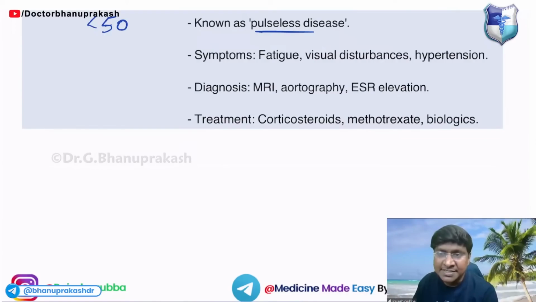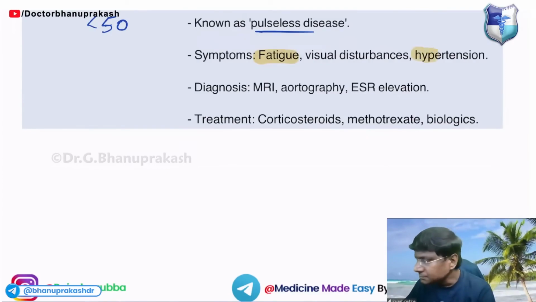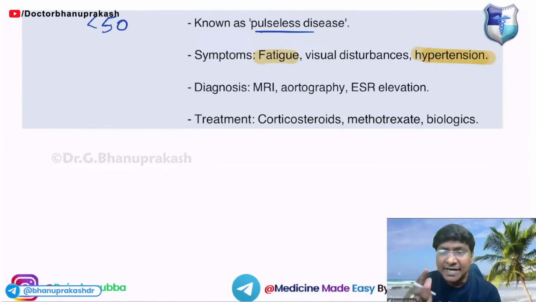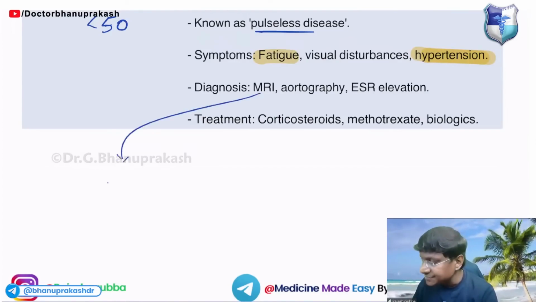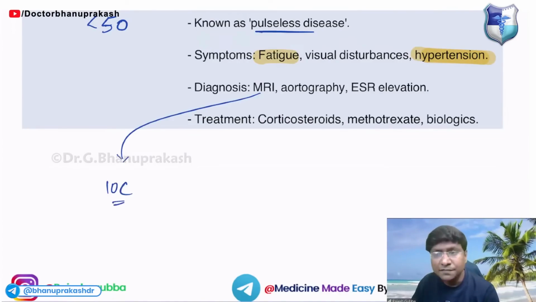And what are the symptoms in these individuals with Takayasu? Fatigue, visual disturbances, and hypertension. This hypertension is mainly due to renal artery involvement. Then how will you diagnose? The investigation of choice is MRI of the aorta, MR aortography.